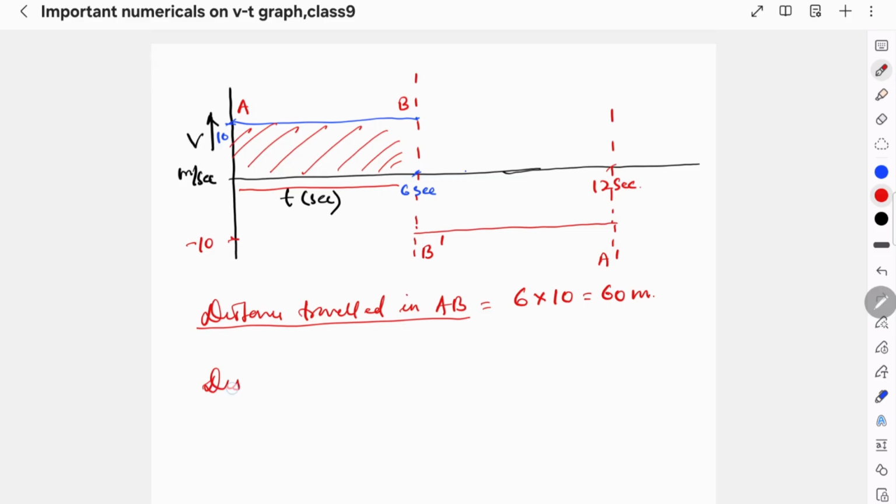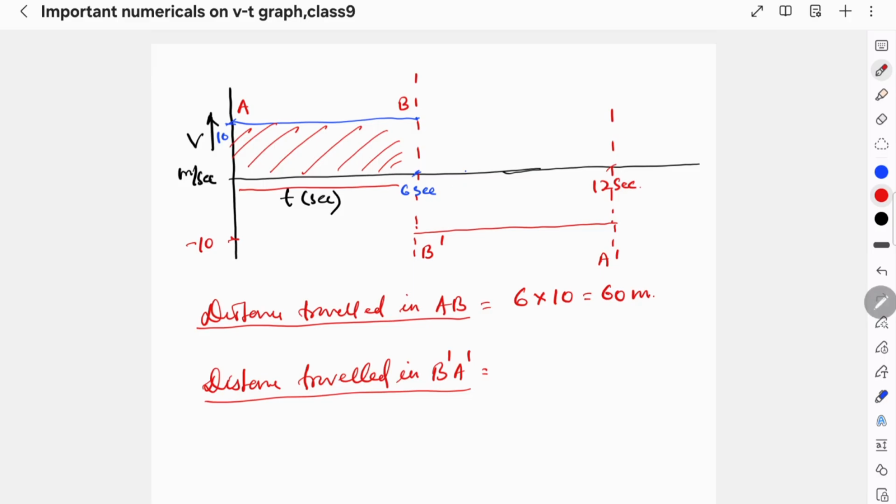Now let us see the distance traveled in B dash A dash part. In this case, again the ball is traveling backwards with the same speed, so it will come back to its initial position in the same time.